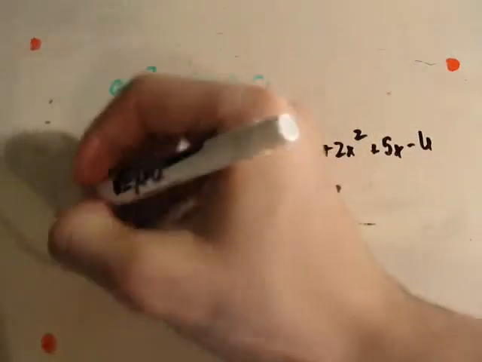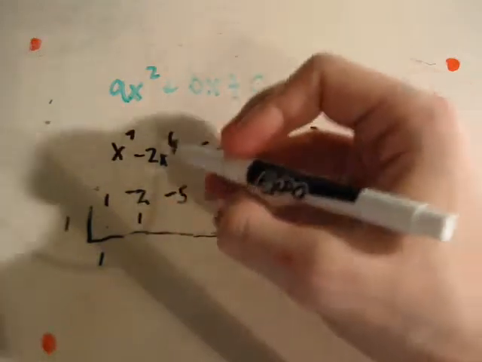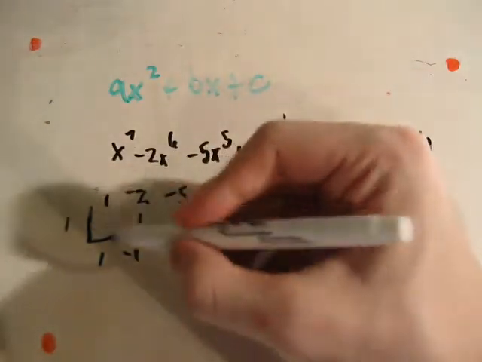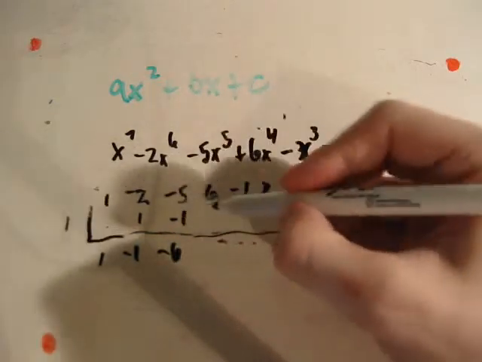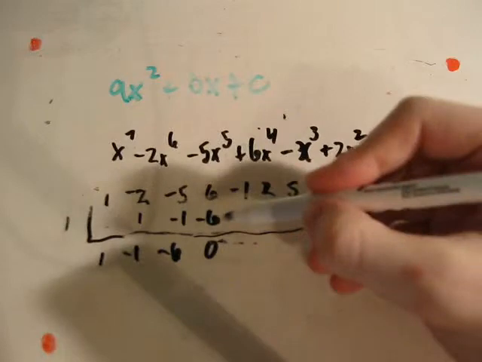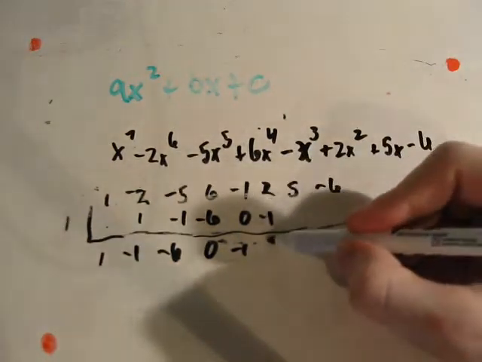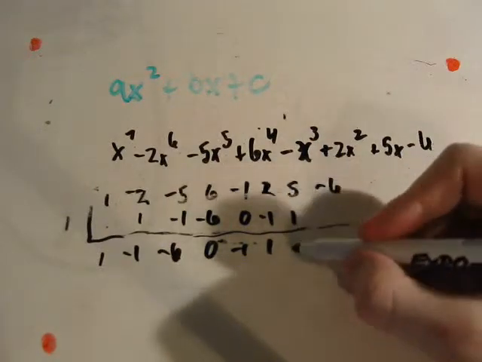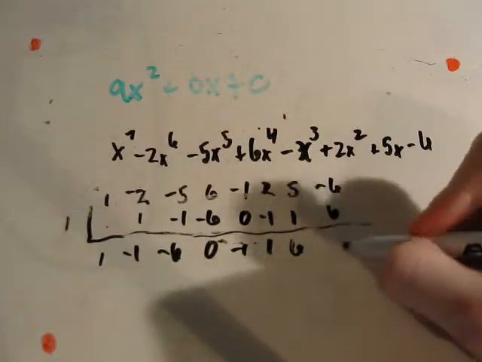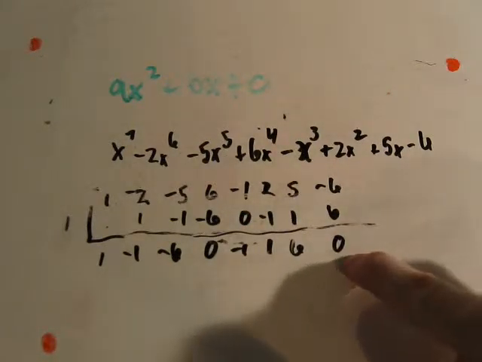So let's try it. 1 times 1 is 1, plus the -2 is -1, times 1, -1, -6, and look at that. 1 is actually a factor. How do we know? The remainder here is 0.